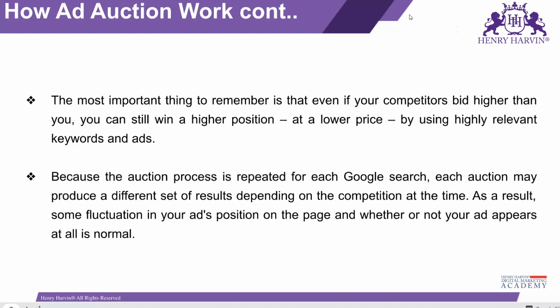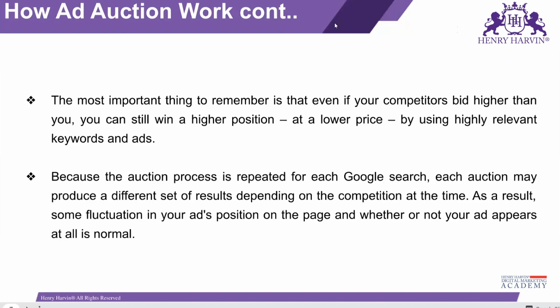Because the auction process is repeated for every single Google search, each auction may produce a different set of results. This was the example we saw in the previous session as well. We were searching for email automation services, and the next two times when we searched for email marketing or email automation services, the position of the ad changed. MailChimp was on the top before that, but after three searches MailChimp was lower, even though the keyword was the same, and the only time difference was half an hour or 1 hour.